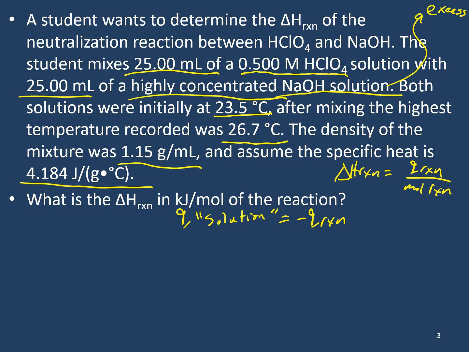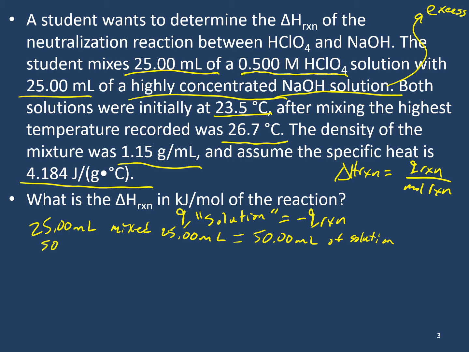So I know that we have 25.00 milliliters mixed with 25.00 milliliters. This gives me 50 milliliters of solution. Now we have the density, and I need to know the grams of that solution.